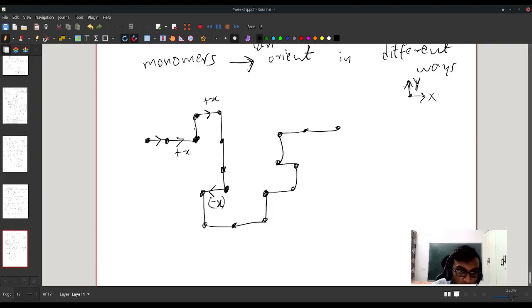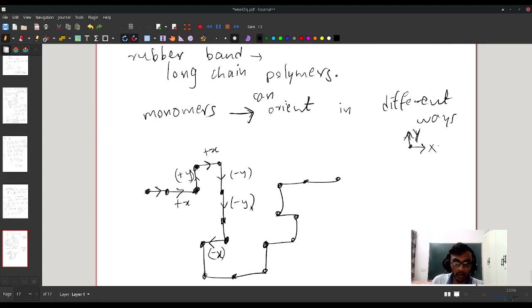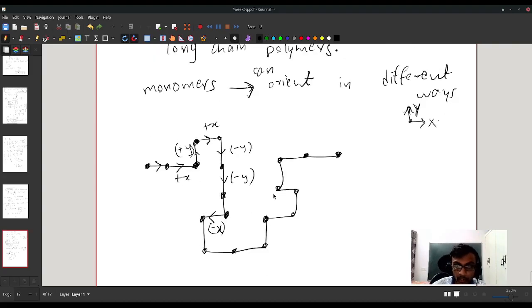And similarly for the y direction, this is a plus y oriented monomer. This is a minus y oriented monomer, and so on. In this model, only these two orthogonal directions are allowed, but that will be enough to explain the physics that we want to explain.